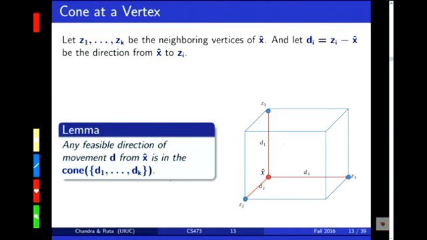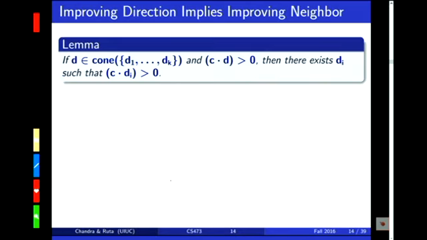Now we will use the fact that the cone is made up of positive linear combinations. So I claim that, suppose D is inside the cone of these vectors, then if C dot D is greater than 0, then there exists a Di such that C dot Di is greater than 0. So this is perfect, right? So let's see first why this is true.